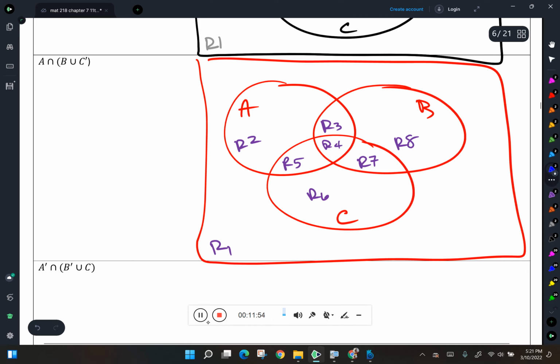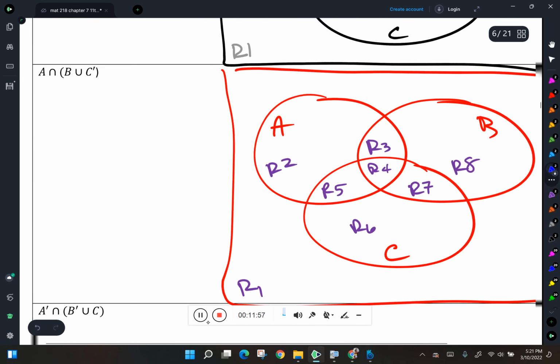All right, I'm going to start over here on the left. Okay, well, can't make it that small. There we go. A is 2, 3, 4, 5, intersecting with 3, 4, 7, 8, union with C complement. Well, if C is 4, 5, 6, 7, then C complement would be everything except for 4, 5, 6, 7. So that will be 1, 2, 3, 8.